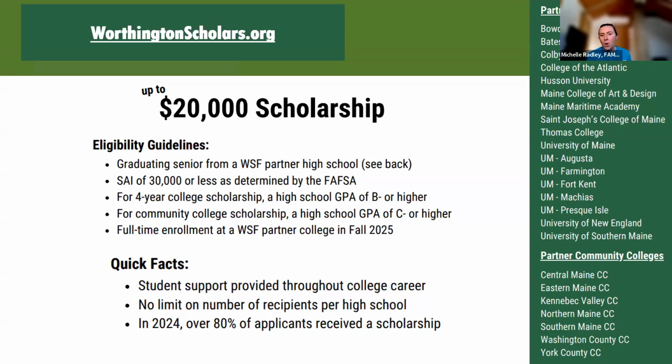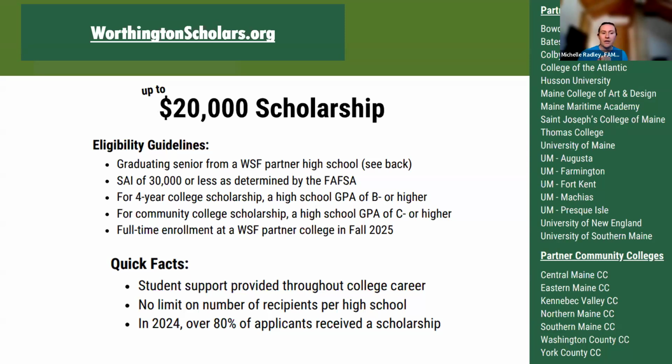I put some of the requirements right here on the screen, and also, obviously, a link to the Worthington Scholarship page itself. It's worth up to $20,000 over the period of 4 years, so it's a renewable scholarship year after year, which is great.